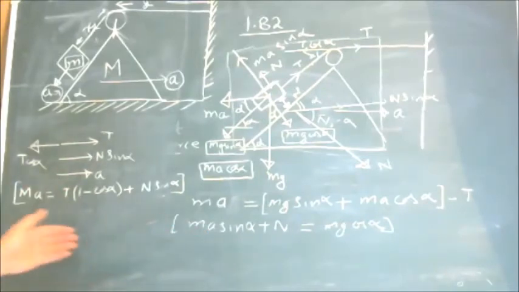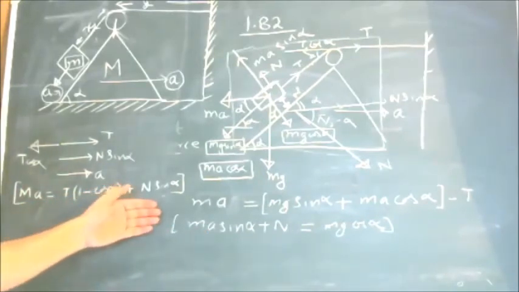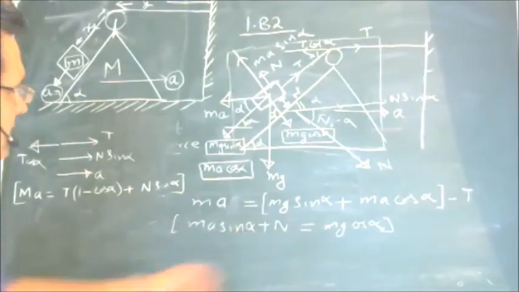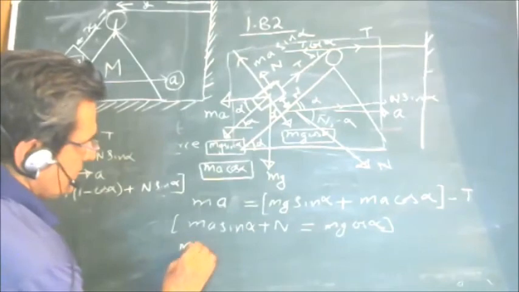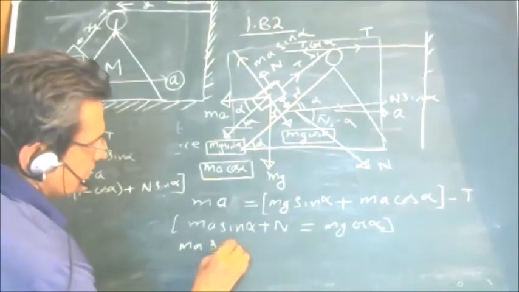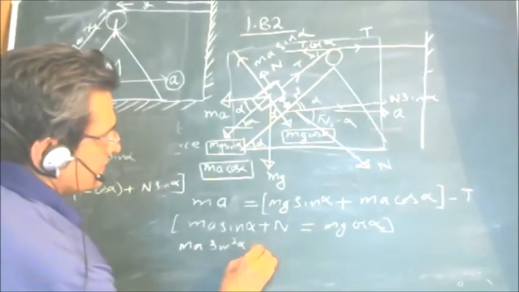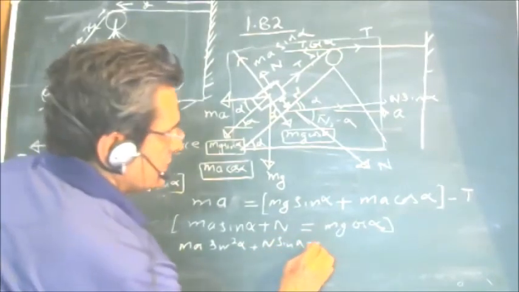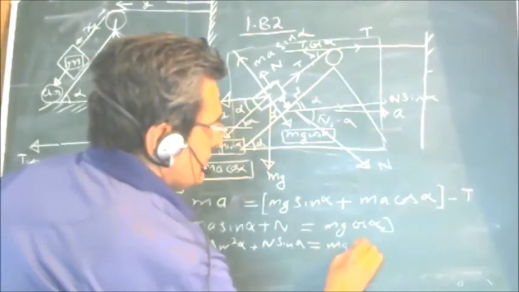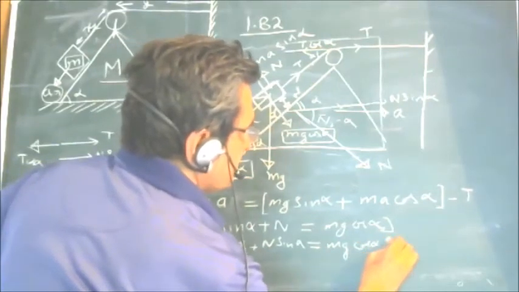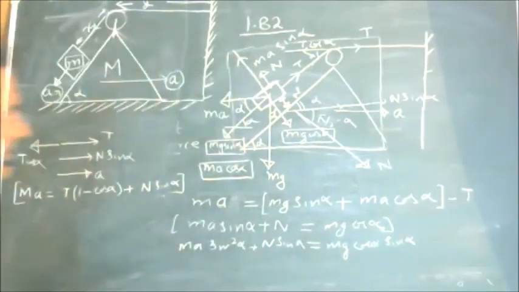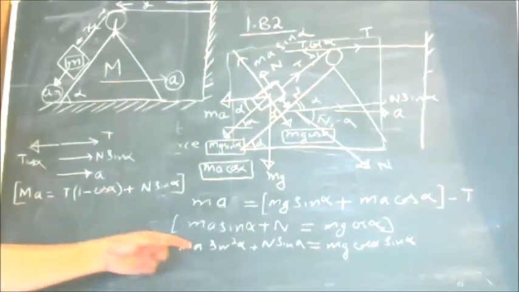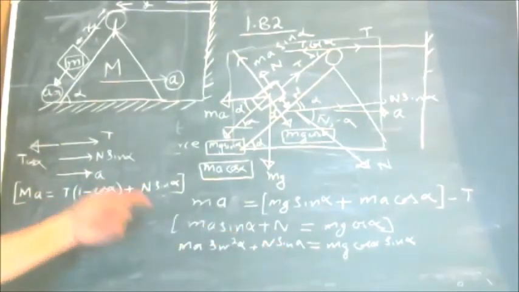Now let us eliminate N first. We can multiply this by sine alpha: ma sine square alpha plus N sine alpha is equal to mg cos alpha sine alpha. We can add these two equations and N gets eliminated.